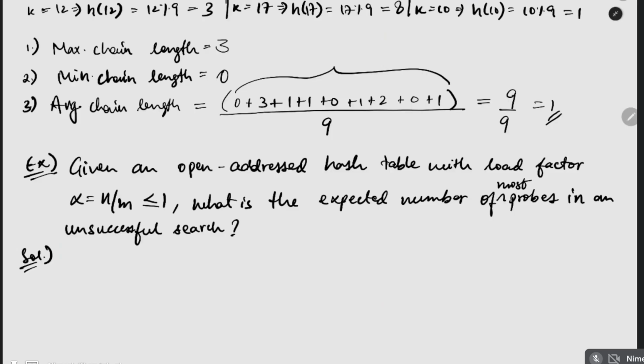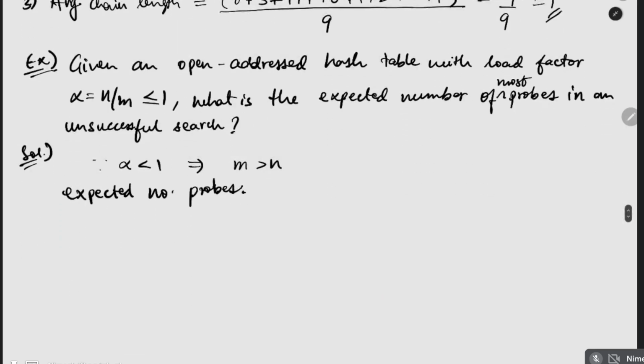So since alpha is less than 1, it means we have more slots than the number of elements that we need to fit, or the number of keys, right? So what is the expected number of probes?